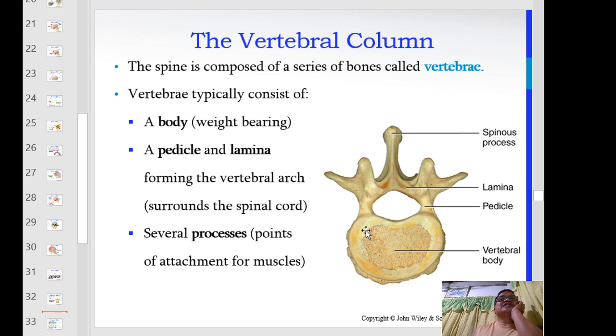The processes are attachments for muscles and ligaments, and are connected to another facet, forming a joint. There is fibrocartilage here, then it is attached to the vertebra superior to it. Okay?